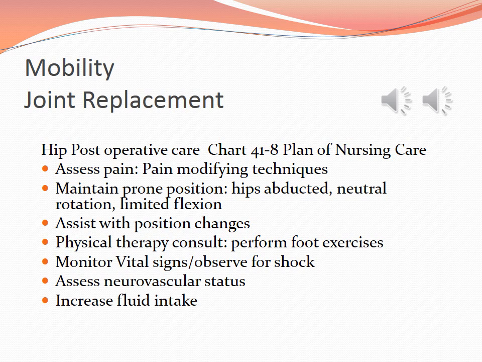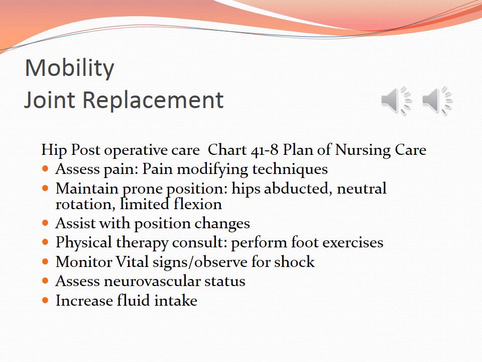Also, nursing interventions include maintaining proper position of the hip joint, which would be abduction, neutral rotation with limited flexion. We want to keep pressure off the heel. We want to instruct and assist in position changes and transfers. We offer encouragement and support exercise regimen.